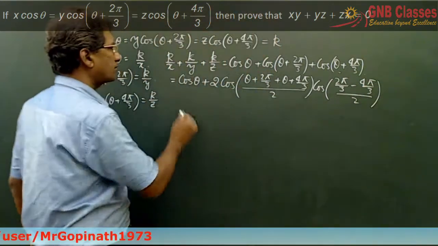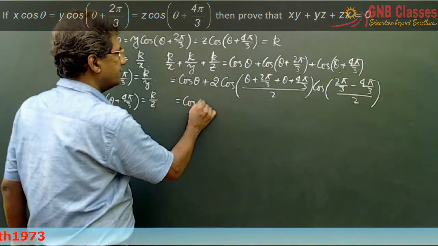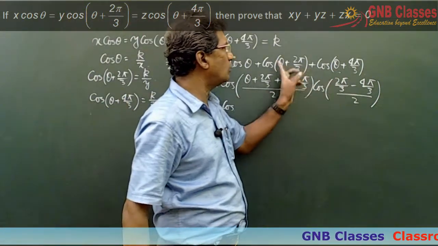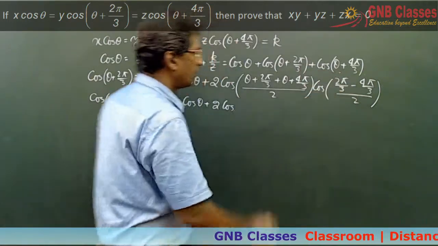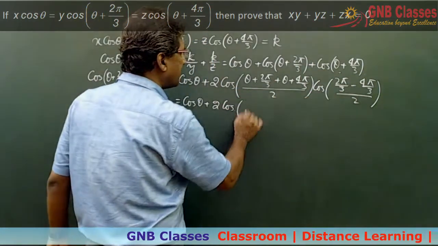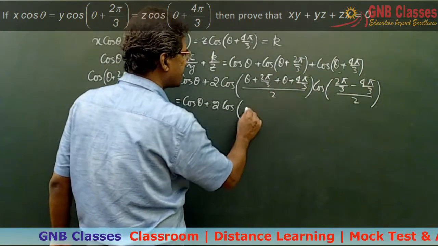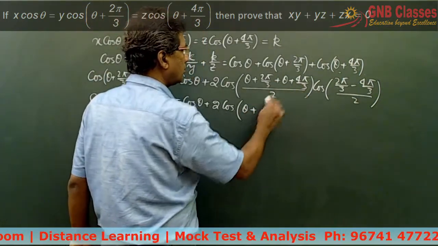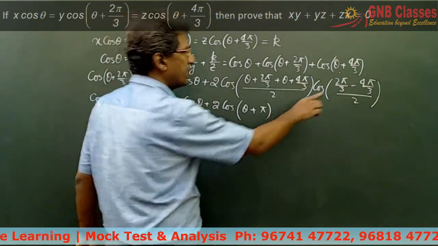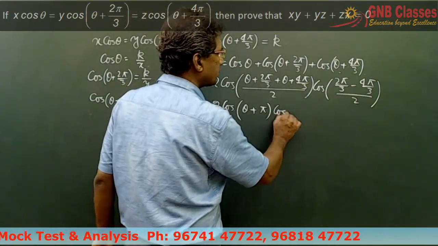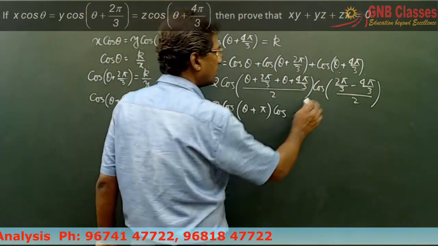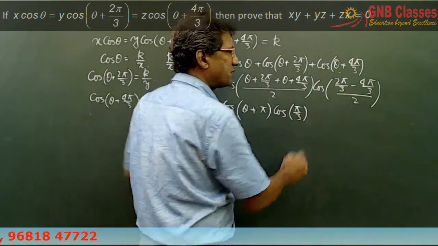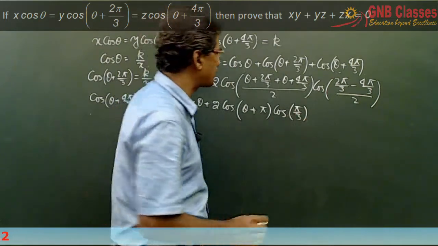Is it clear? In cos((C minus D) by 2), the theta and theta will go off. So here we are getting theta plus pi, and in this case we are getting cos of pi by 3 minus pi by 3, but it doesn't matter because cos of minus theta is always cos theta.